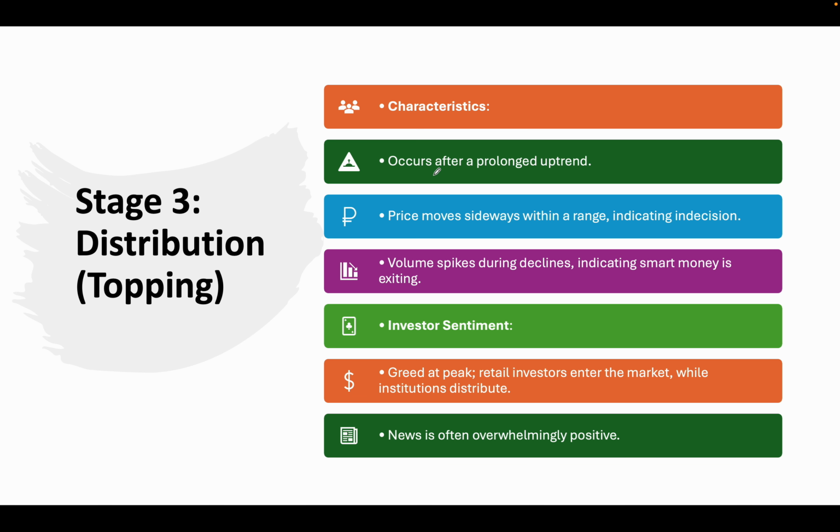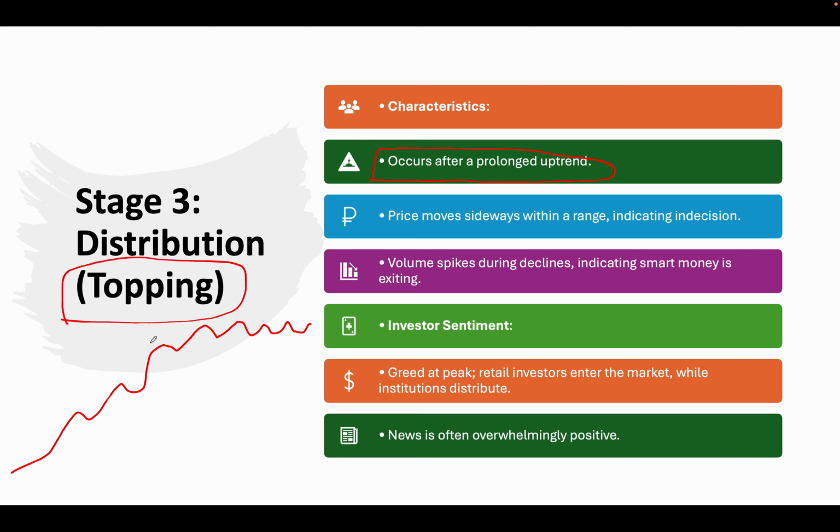Now let's see what is stage 3. Stage 3 is nothing but topping. So what are the characteristics? It occurs after a prolonged uptrend. So the market is continuously in an uptrend like this, and then this stage occurs.